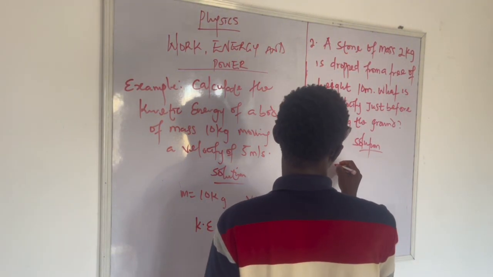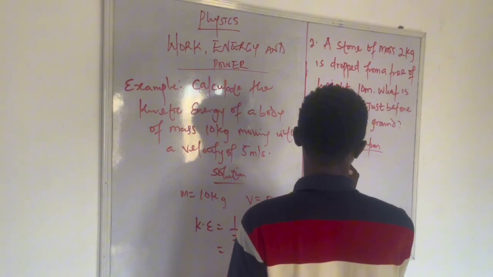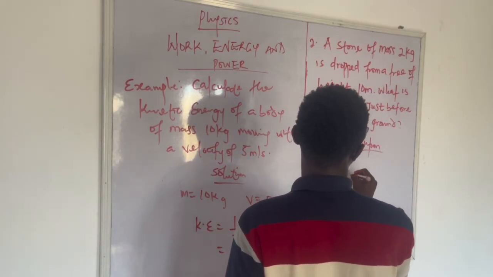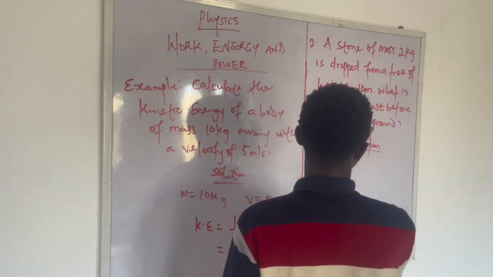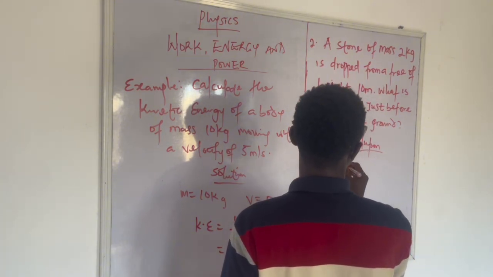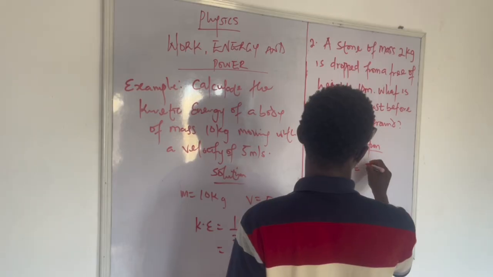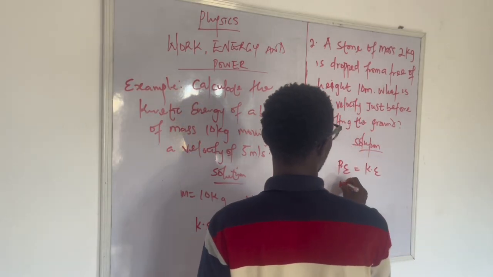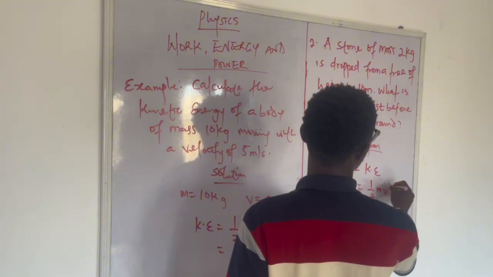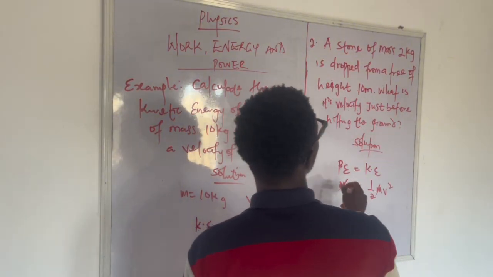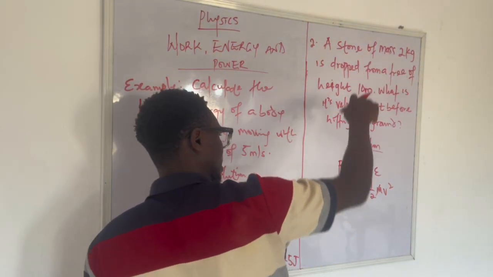So that's potential energy PE plus KE, we've established that. So PE equals to KE, which is mgh equals to half mv squared. We said m cancels, so we are not using the mass.